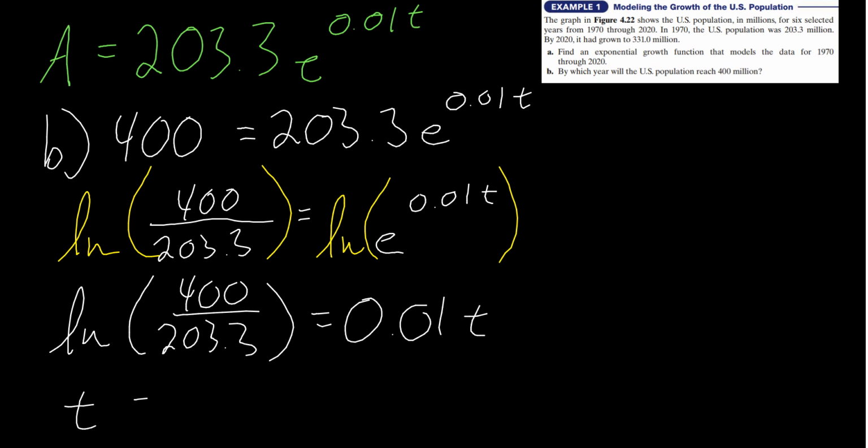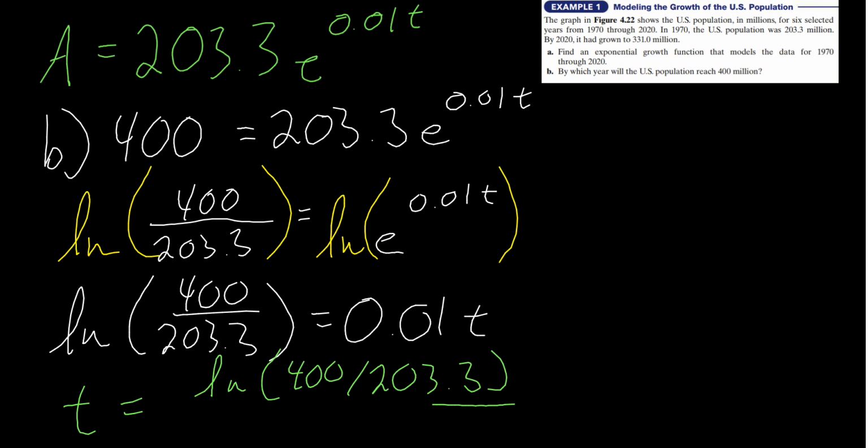So t is equal to, this is going to get a little tricky, so let's change colors here so they don't run together. t is equal to the natural log of 400 divided by 203.3, divided by 0.01.